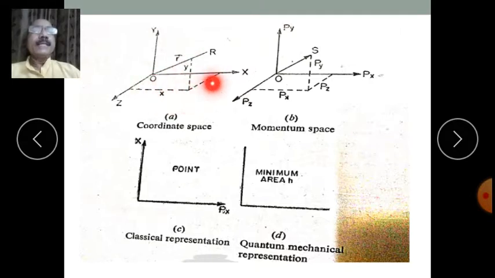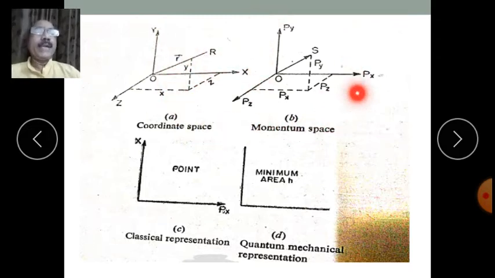So this is the x coordinate, this is the y coordinate, and this is the z coordinate. So this point R is represented by three coordinates x, y and z, and by a position vector. So this is the position vector R bar, which is the vector drawn from the origin to that point. So this is a coordinate space or Cartesian coordinate system.